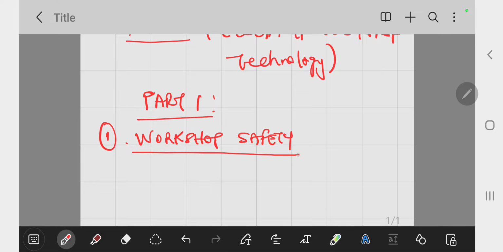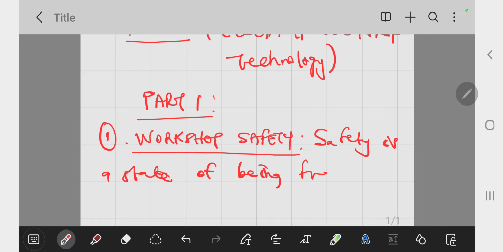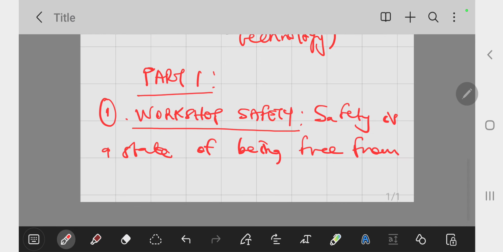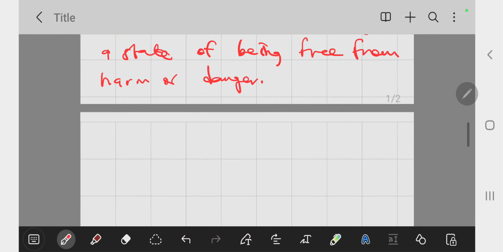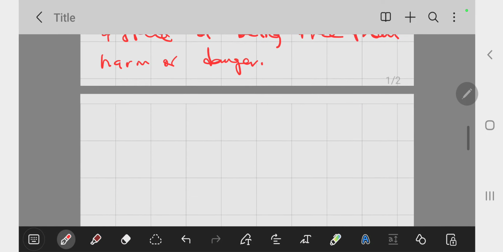How I would describe workshop safety is by saying safety is a state of being free from harm or danger. And in general, not just workshop safety, but safety in general itself can be described in this way.